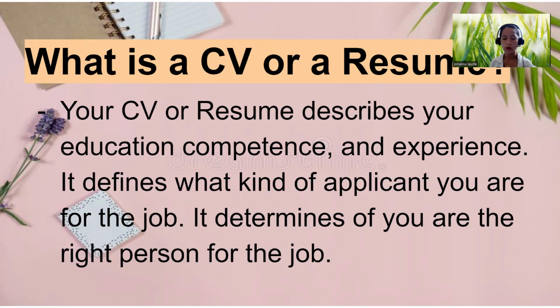So maybe some of you are familiar, but some are not. So a CV or resume, class, describes your education, competence, and experience. It defines what kind of applicant you are for the job. And it also shows that you are the right person for the job.